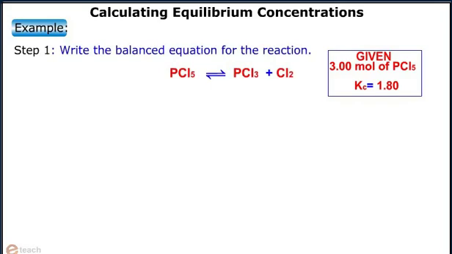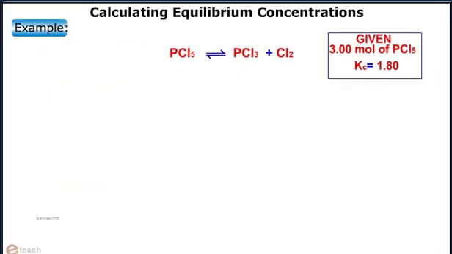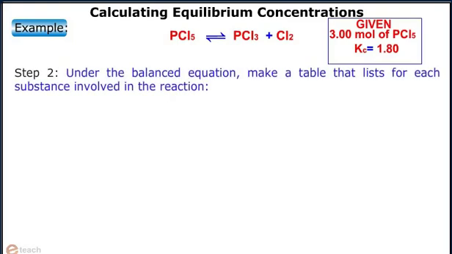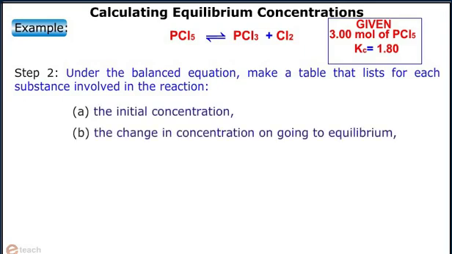Step 1 is to write the balanced equation for the reaction: PCl5 ⇌ PCl3 + Cl2. Step 2. Under the balanced equation, make a table that lists for each substance involved in the reaction the initial concentration, the change in concentration on going to equilibrium, and the equilibrium concentrations.